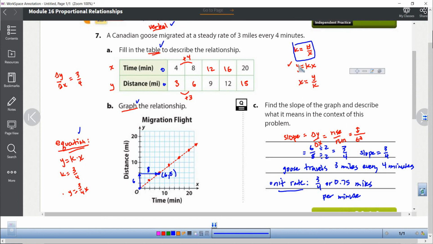You can find that equation by writing y equals that constant of proportionality k times x. And on the graph, when you find the slope, which is the change in y over the change in x, or the rise over the run, that will tell you ultimately the unit rate: 3/4 of a mile per minute.